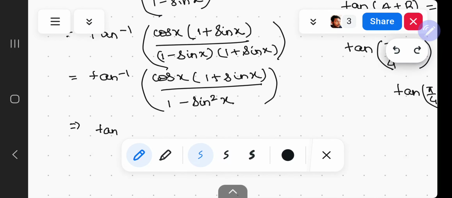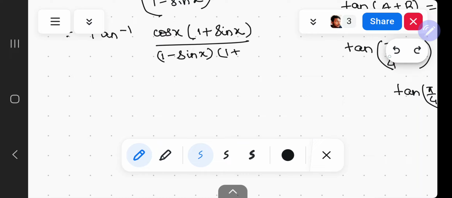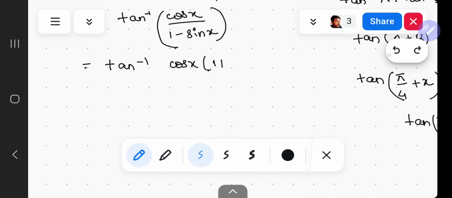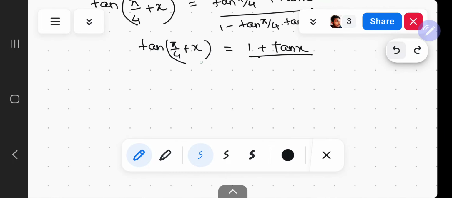Or else we can do something else. So there's a formula for cos x. See, cos 2 theta is equal to cos square theta minus sin square theta.